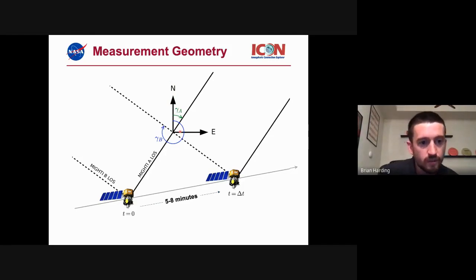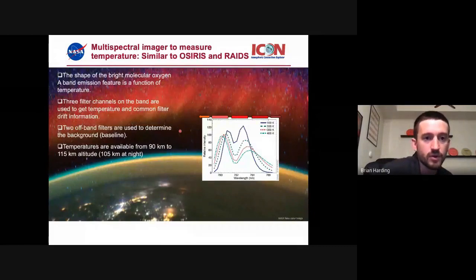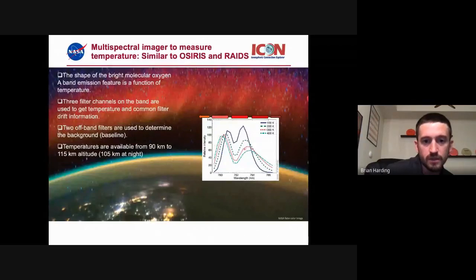So in this talk, I'm going to be mostly focusing on the wind, but MIGHTY also measures temperature, so I'll say a few words about that. The underlying idea here is that the shape of the O2 A band emission depends on temperature. So here's the example of what that spectrum looks like for different temperatures.